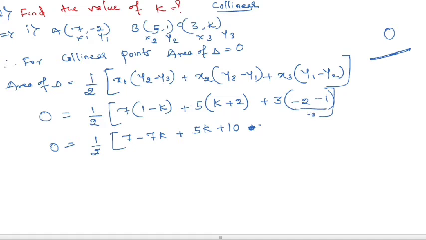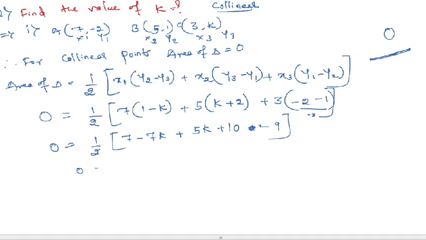So minus 3 3s are minus 9. So now this 1 by 2 comes to this side, you will get 0.